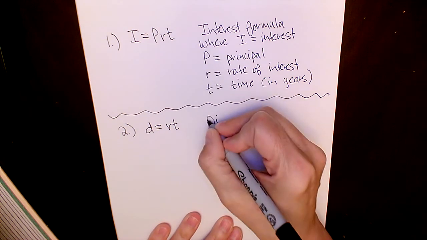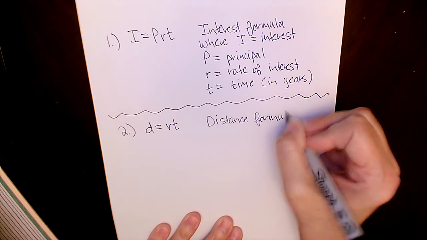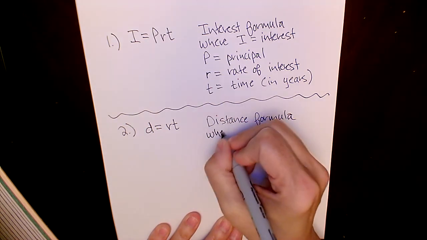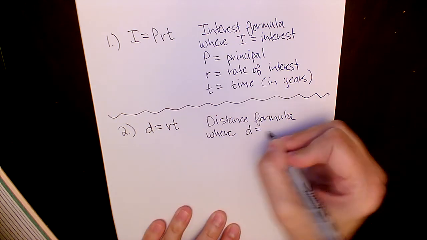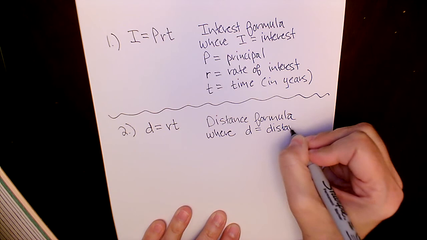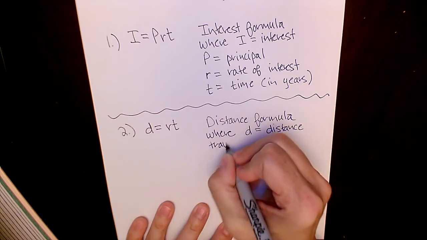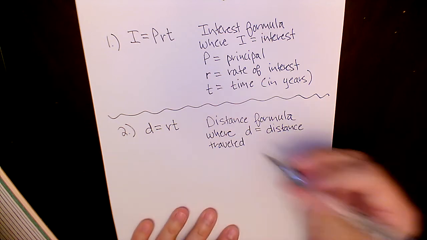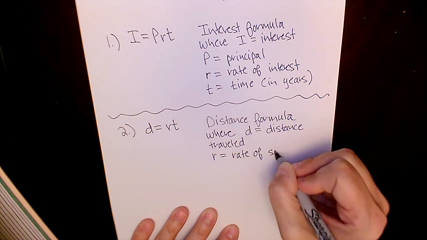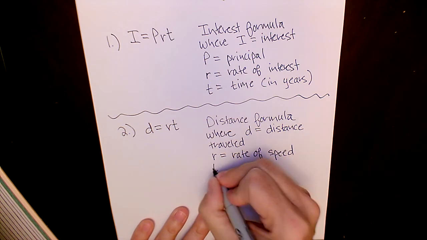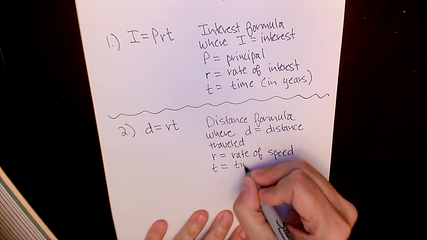This is the distance formula, where D is the distance traveled, R is your rate of speed, so how fast are you going, and T is your time.